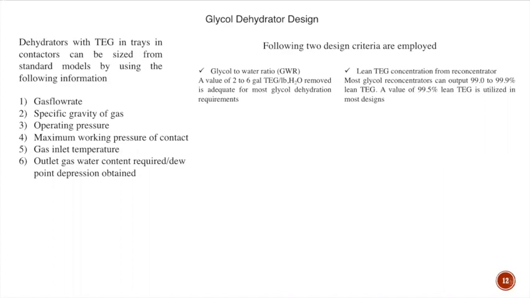So TEG likes water, therefore it absorbs it. Such a type of material is called hygroscopic. And throughout this design, it should be considered that the glycol which we are using is not lost, right, during separation of glycol and water in the reboiler. So we see that 99.9% of TEG will remain in the system and will not get out of the system, right?